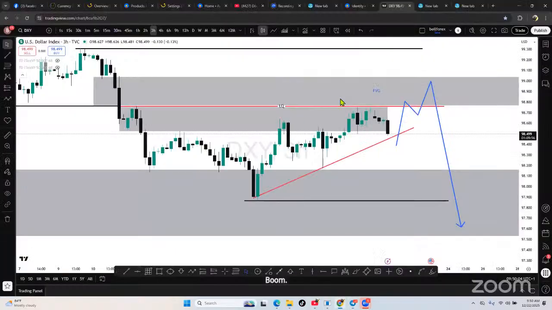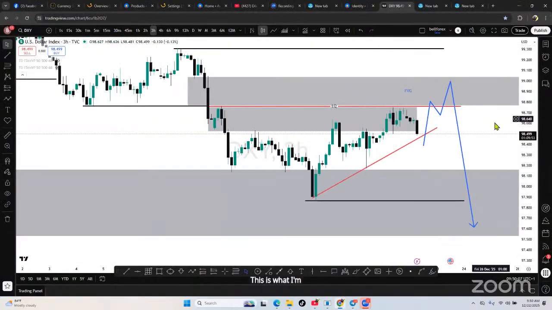So this is what I'm seeing a little bit more detailed for the DXY.